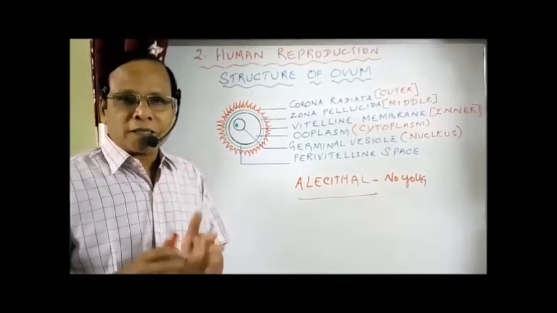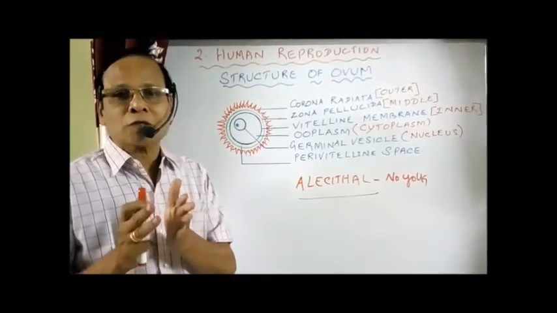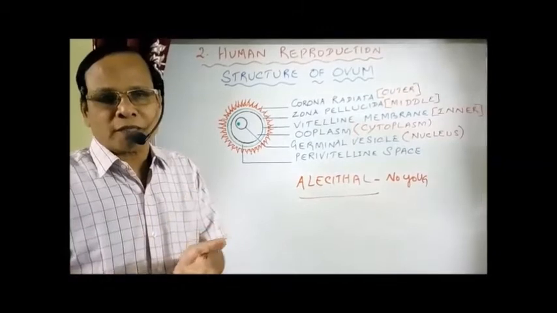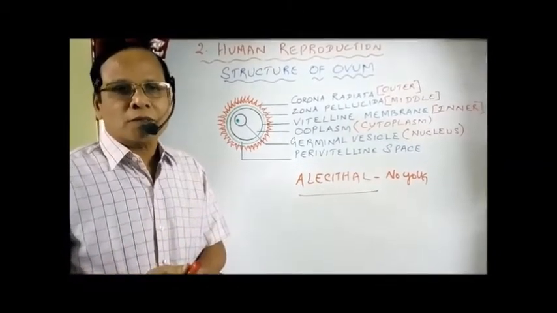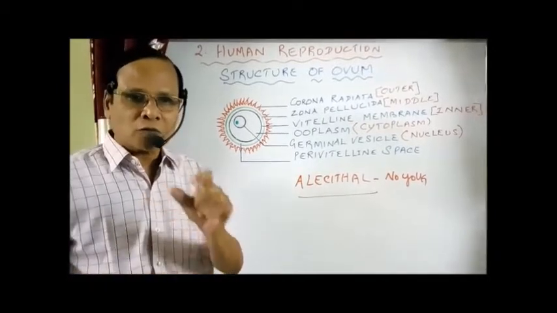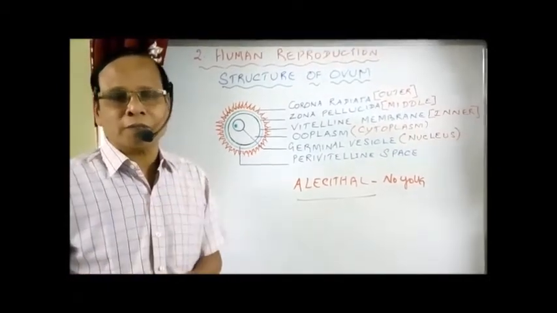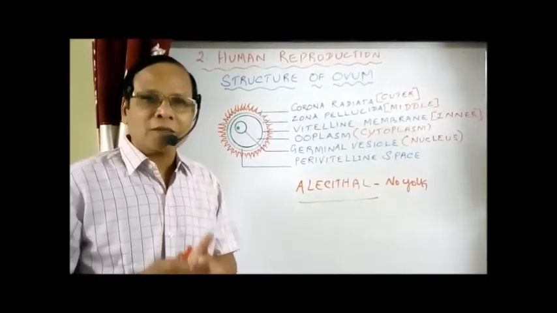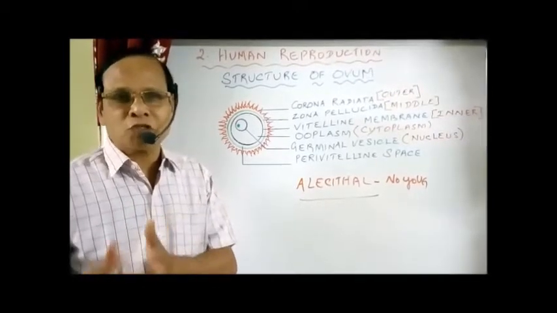And again we can classify eggs into two types based on the presence or absence of a calcium carbonate shell. For example, in the case of a reptilian egg or a hen's egg, we have an outer shell made up of calcium carbonate. Such eggs are called cleidoic eggs, eggs with a shell.